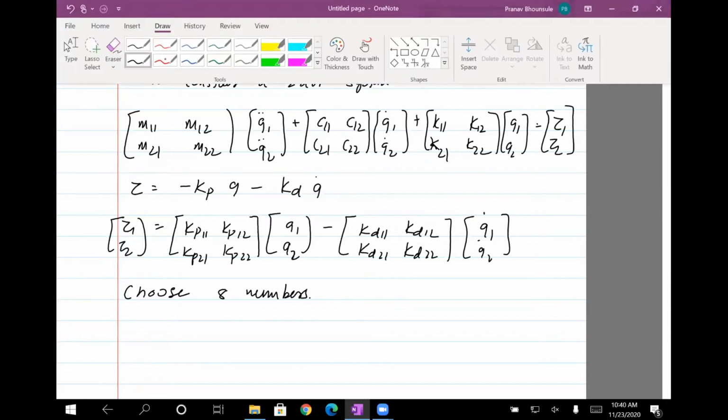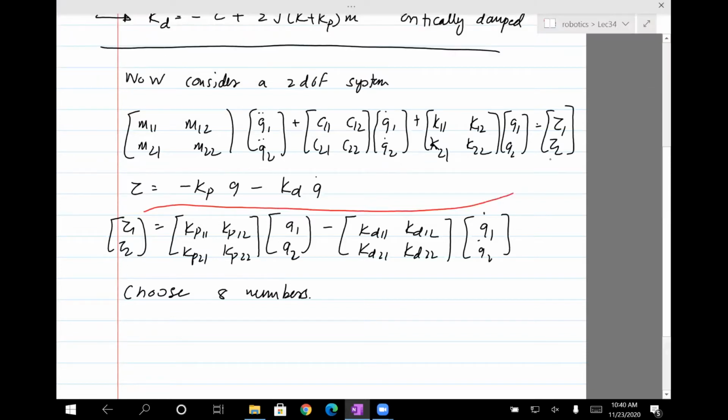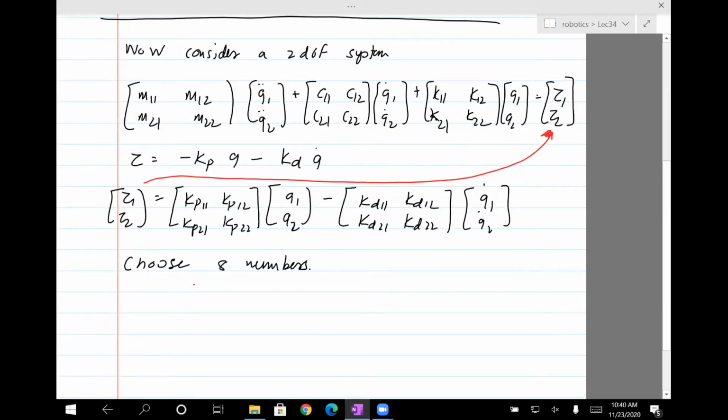So sub this in here. Once we sub that in there, we'll get an expression for the system dynamics, and then we'll have to use it in the form which I showed you earlier, that is, to be critically damped, there needs to be some formula and use that, but that just becomes too unwieldy.